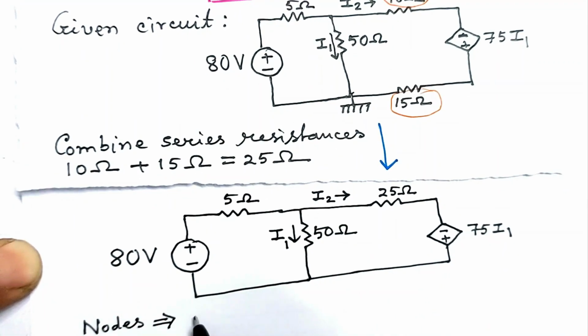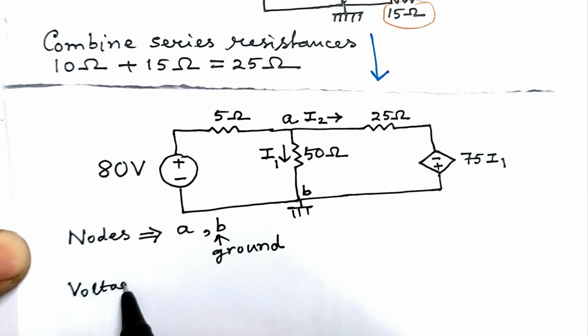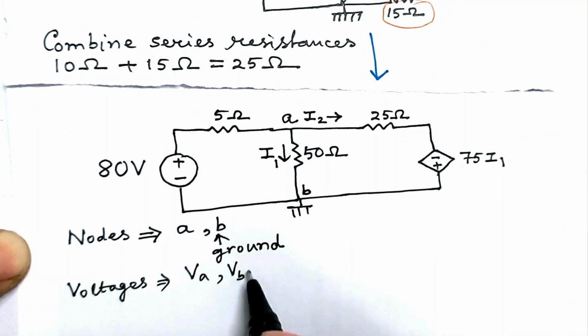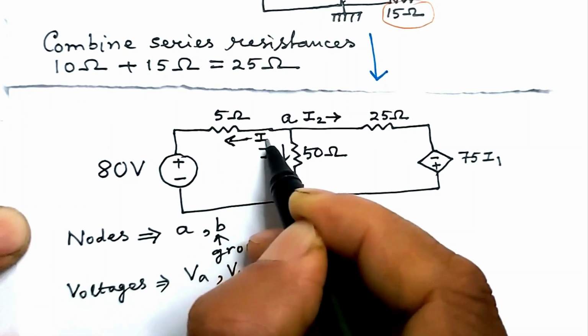Nodes are A and B, and here are they, A, and this node is grounded called B. The voltages are VA and VB equal to 0. Let current in this branch be I3.